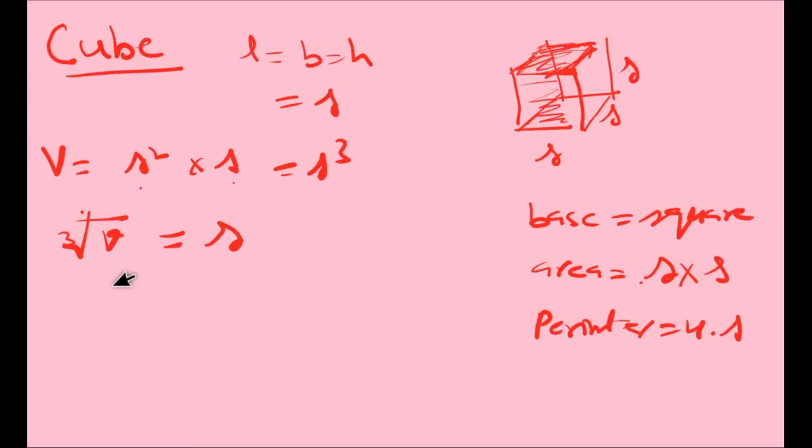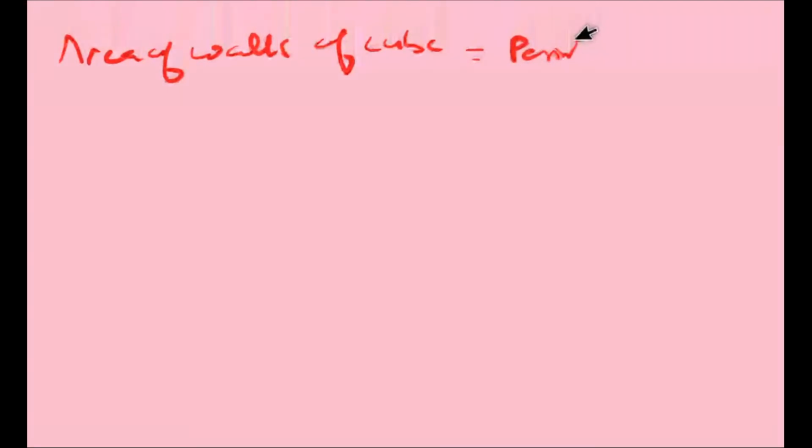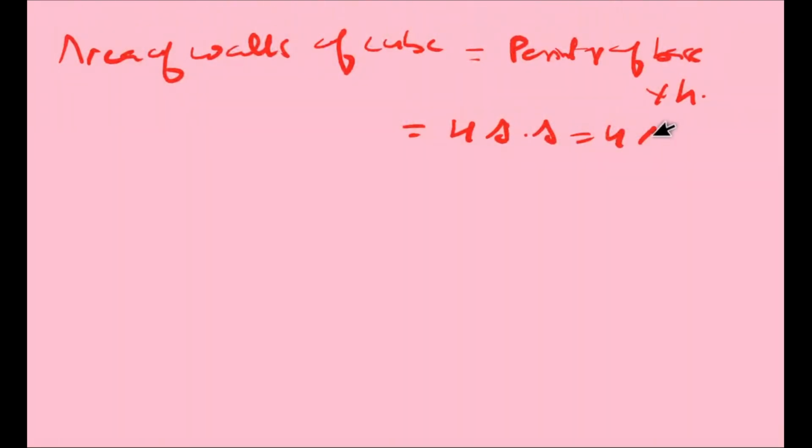Now student, what is the area of walls? Area of walls of cube, that is the perimeter of base into height. So perimeter of base is 4 into side, so 4 side square.